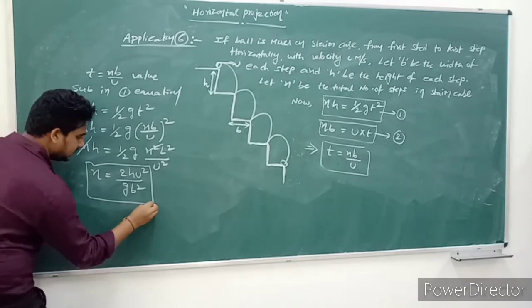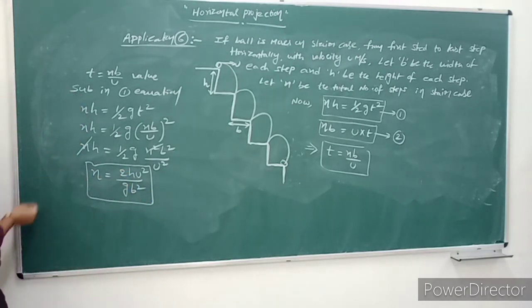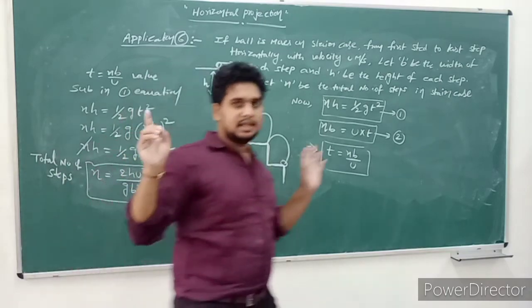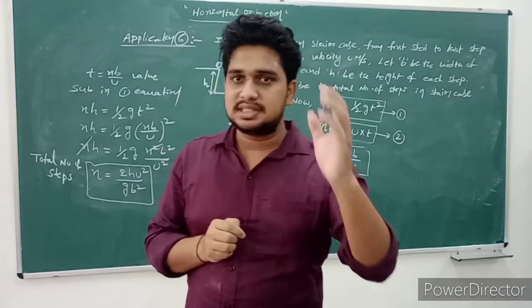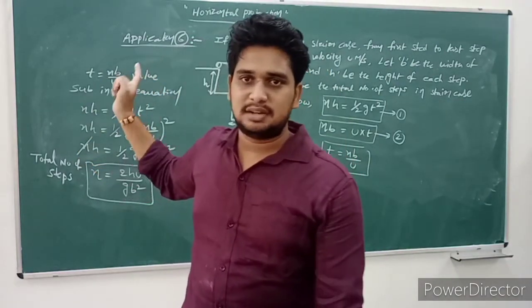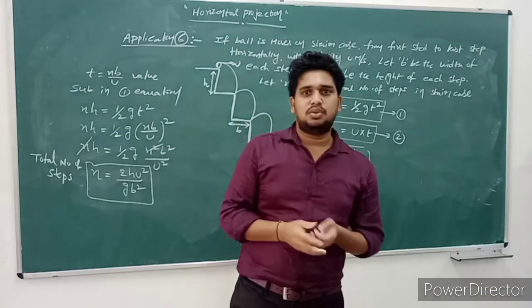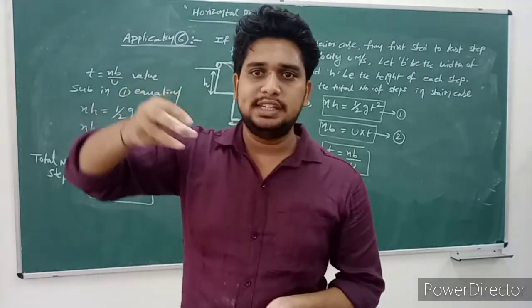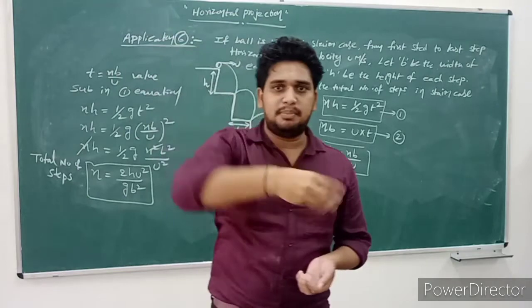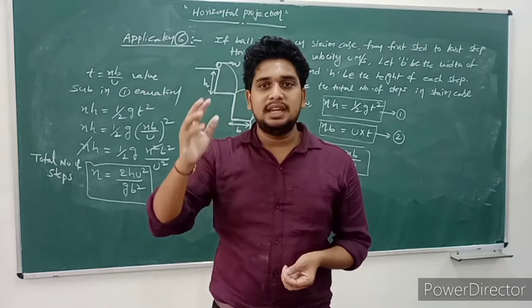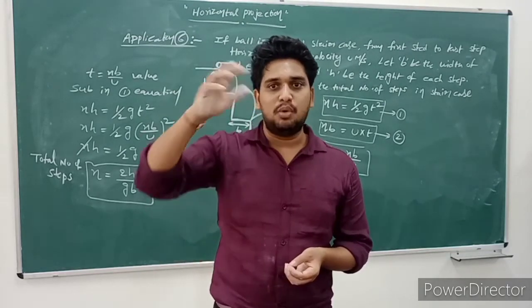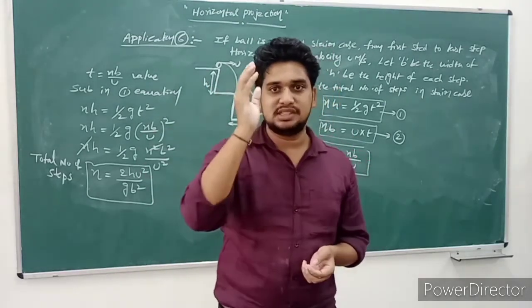This is very important. Here n means the total number of steps. Questions based on this concept of horizontal projection are simply given like this: if a body moves on a staircase step by step, how many steps does it move on?